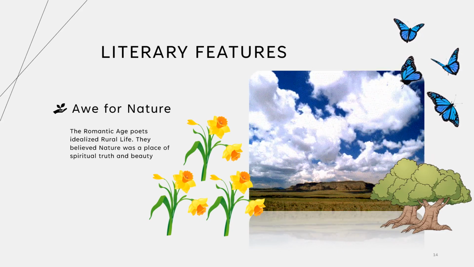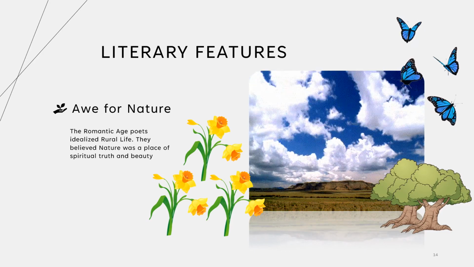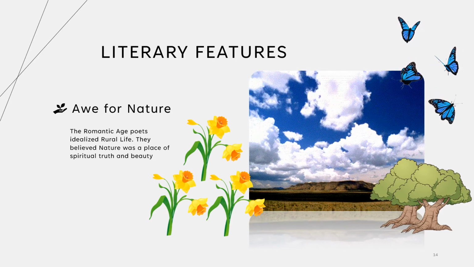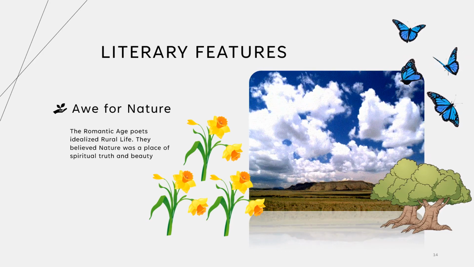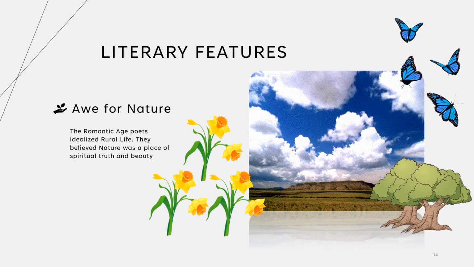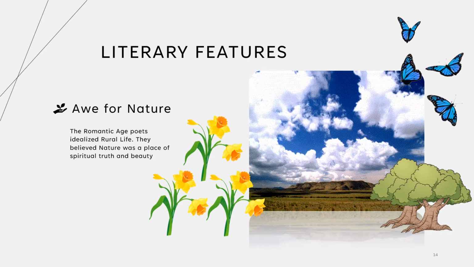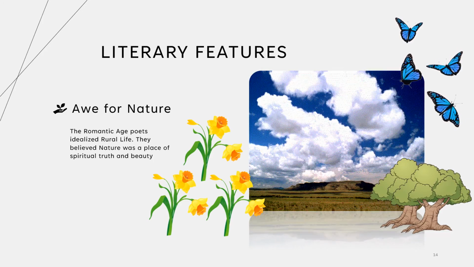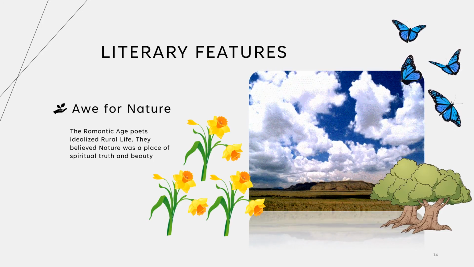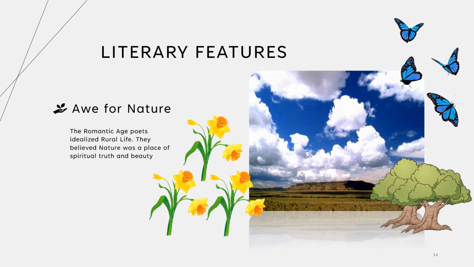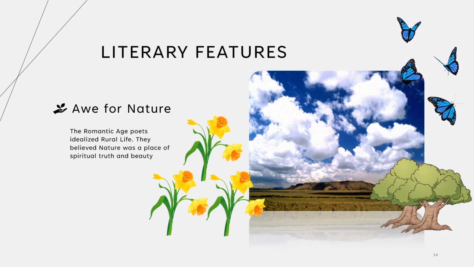So, the Romantic Age poets, they idealized rural life. They believed that nature is the place of spiritual truth. In order to stay connected to our humanity in this hustle and bustle of city life, we need to connect with nature.